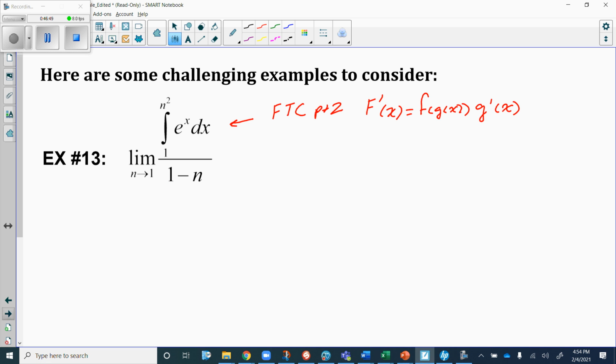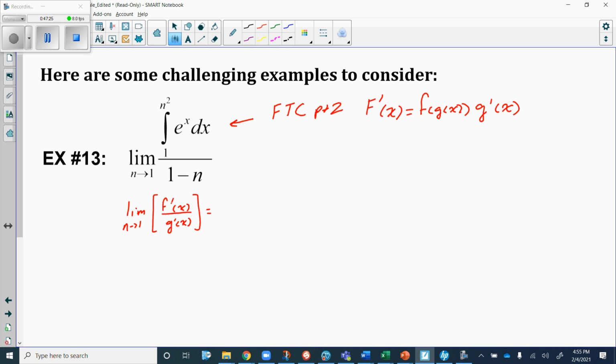So here, the easiest way of expressing what I'm going to be doing by using L'Hopital's rule, taking the derivatives of both parts of the fraction, is to just write the limit as n approaches 1 of f prime of g of x over g prime of x.